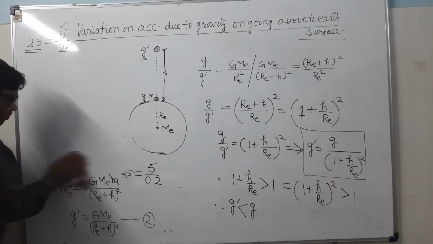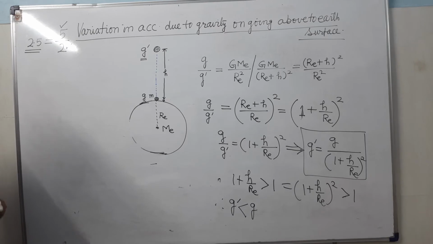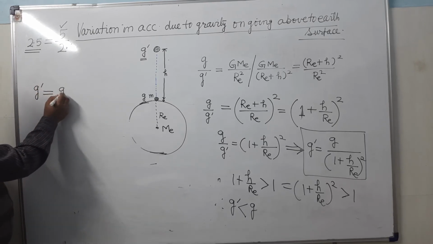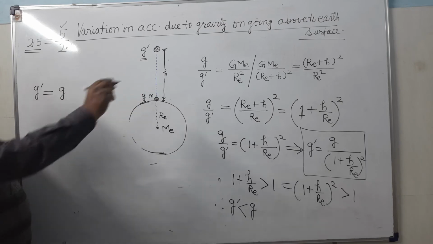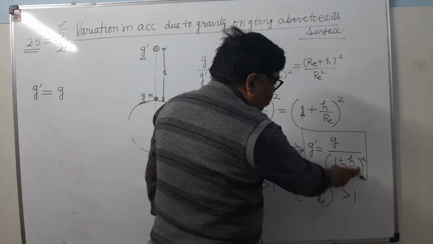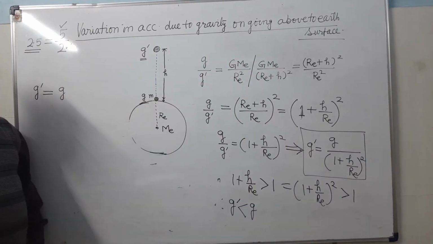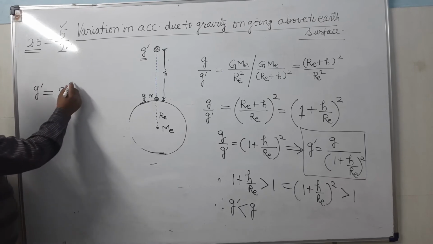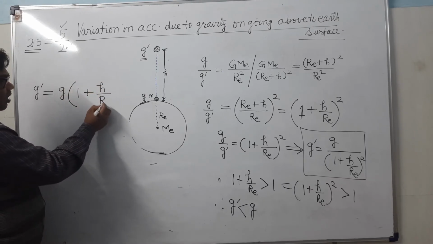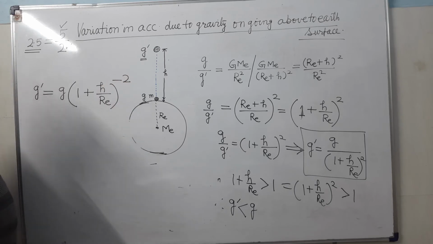Here we can write g dash equals g, and that bracket you carry in the numerator. So जब ये पावर वाले नंबर को न्यूमरेटर में ले जाएंगे, पावर क्या हो जाएगी? It will become negative. So it will become (1 plus h upon Re) whole to the power minus 2.